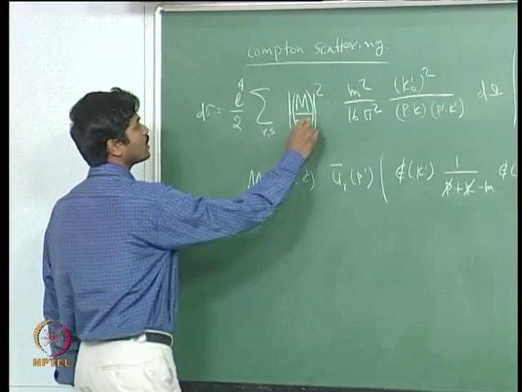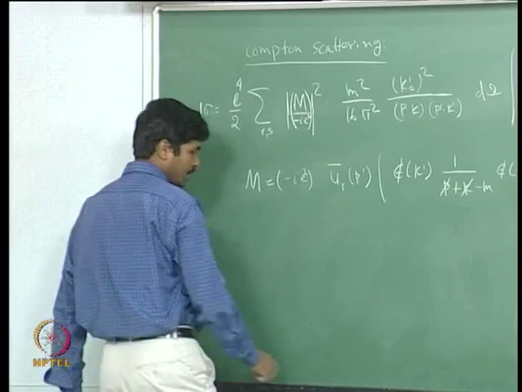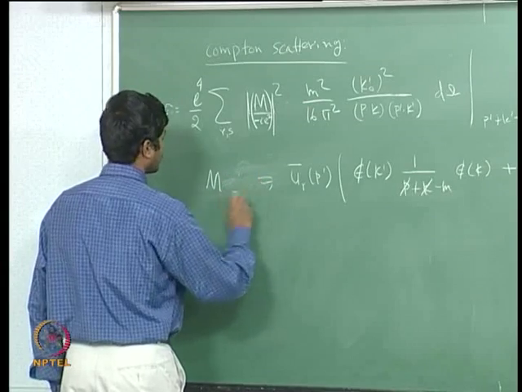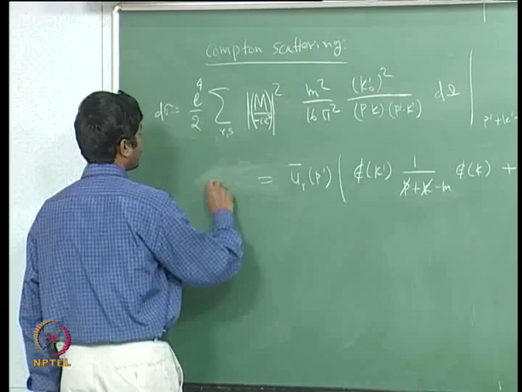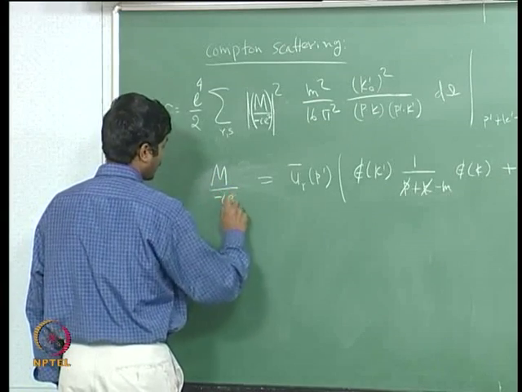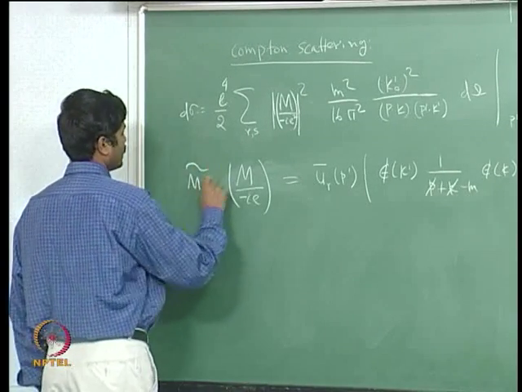So, instead of writing this factor of i times e every time, I will just concentrate on m divided by minus i e, which I will call m tilde for simplicity.